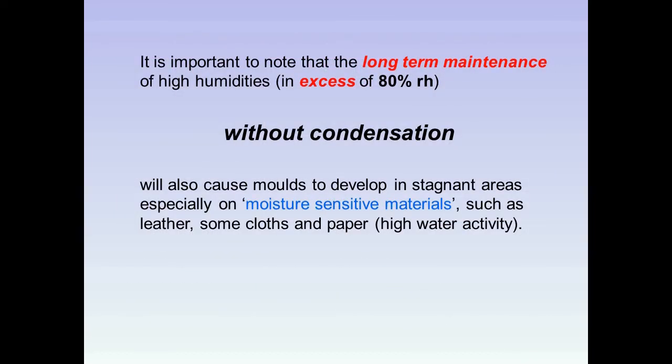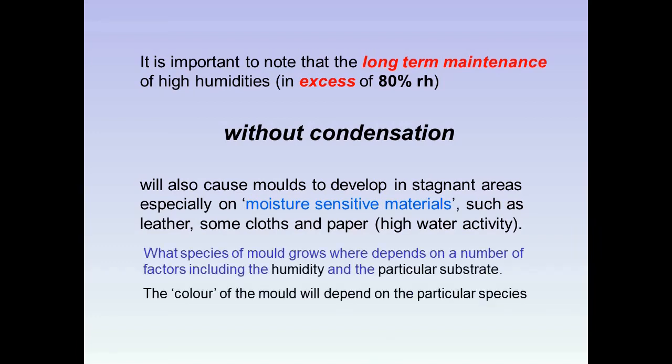It is important, however, to note that the long-term maintenance of high humidities, we're talking here in excess of 80%, without condensation, causes moulds or some moulds to develop in stagnant areas, especially on moisture-sensitive materials such as leather, some cloths and paper. And what species of mould grows where depends on a number of factors, but especially the humidity and the particular substrate. And of course the colour of mould will depend on the particular species.